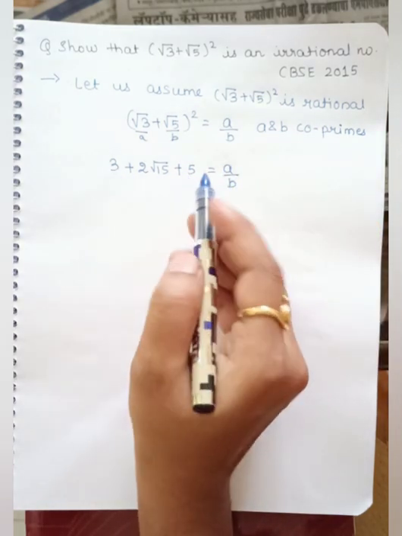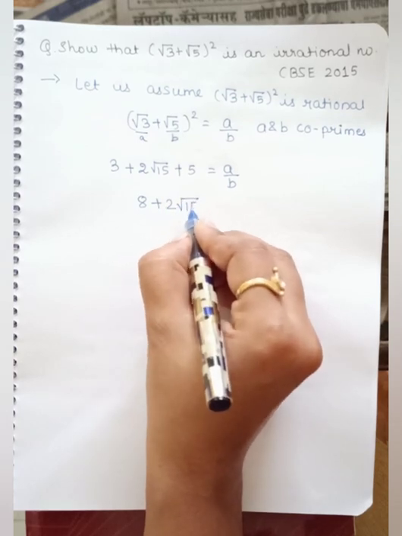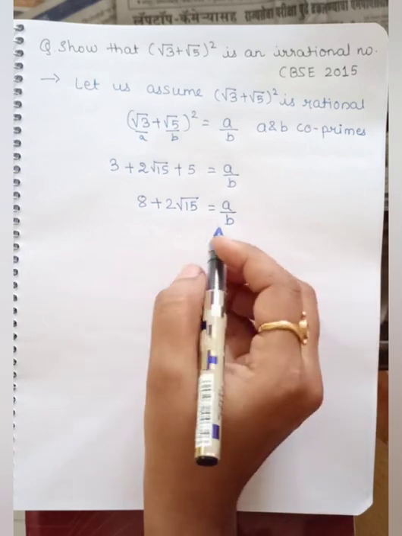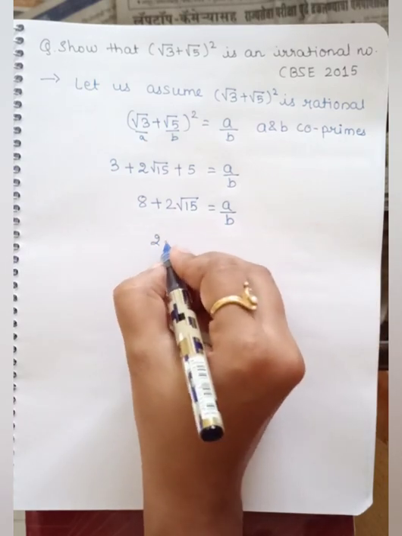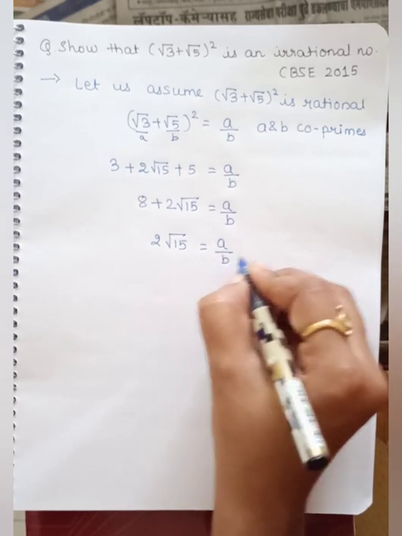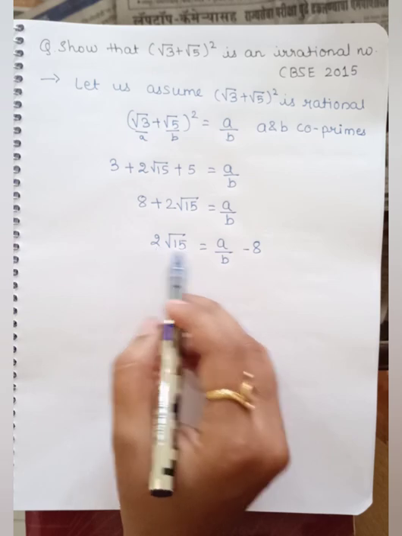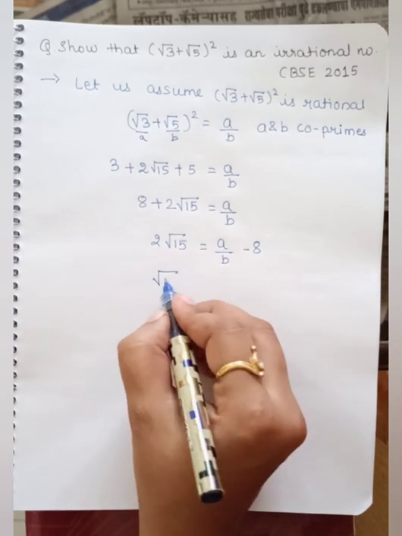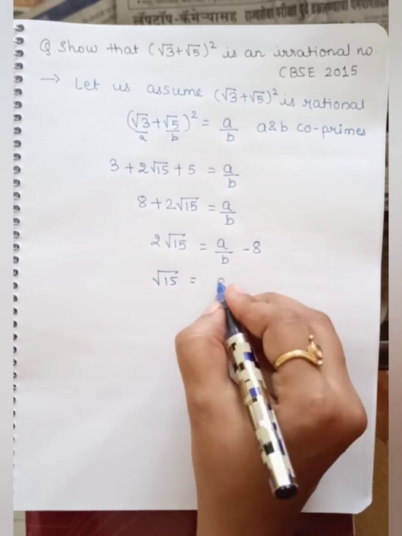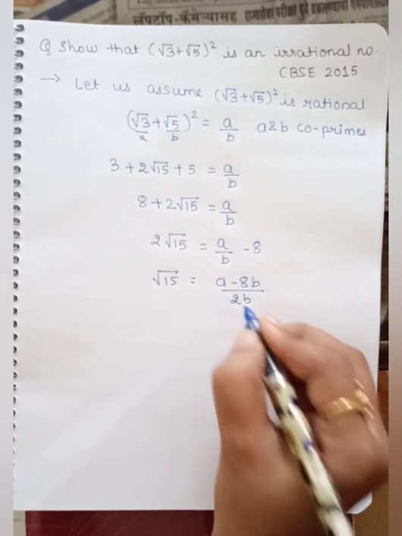Now 3 plus 5 is 8, plus 2 under root 15 gives a by b. If you shift this 8 to the other side, you get 2 under root 15 is equal to a by b minus 8. Now shifting this 2 to the other side and taking LCM, under root 15 is equal to a minus 8b divided by 2b.